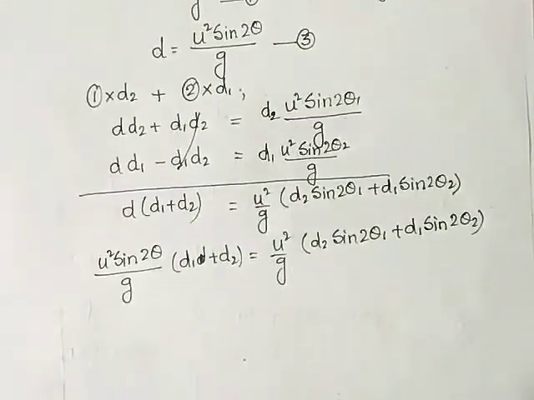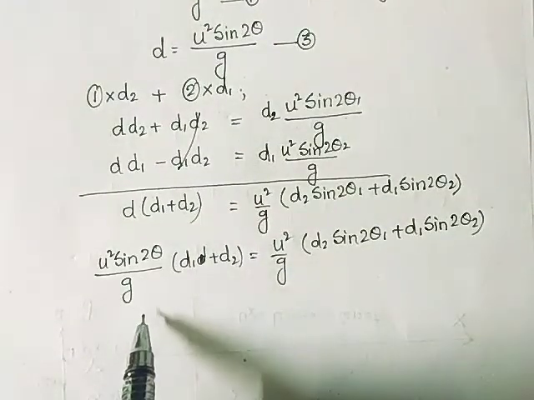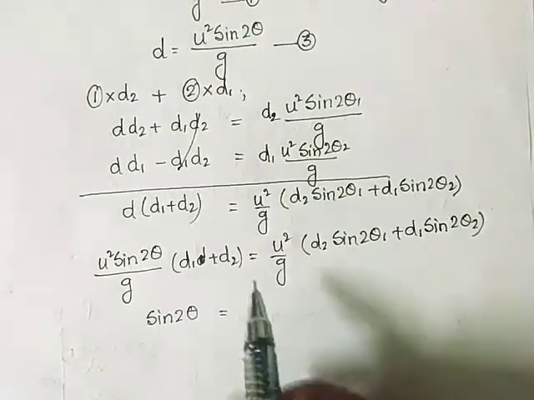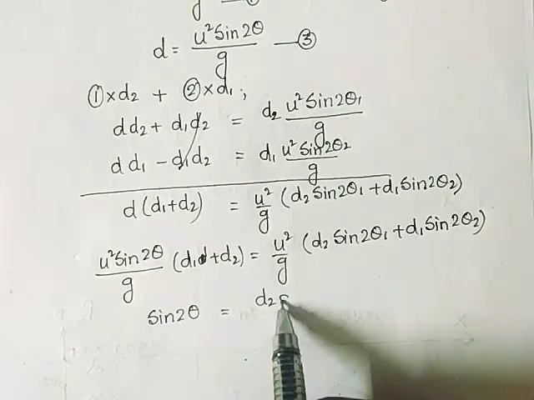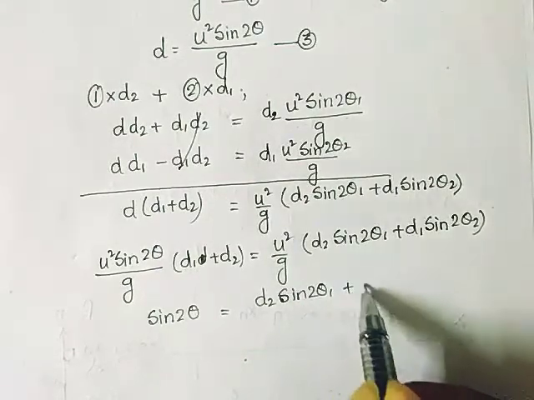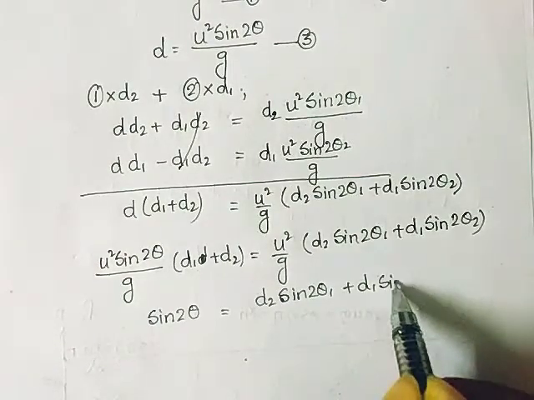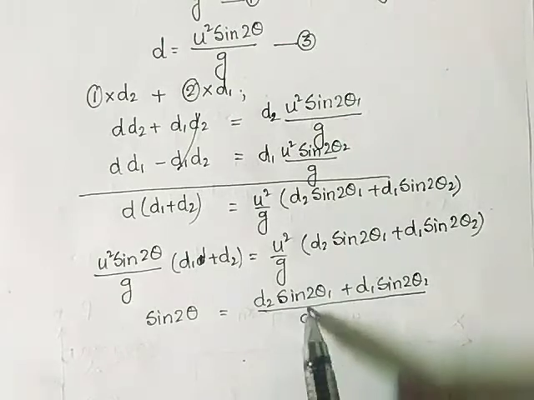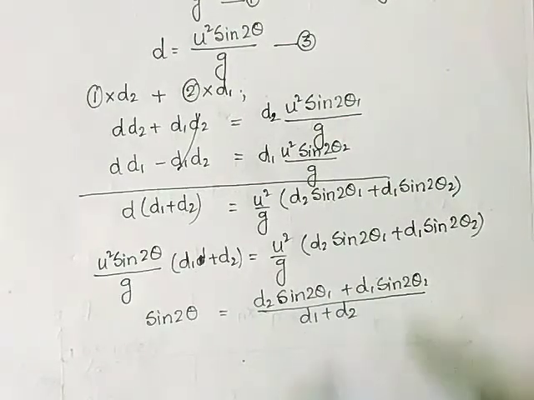So from here, if I want to find the value of sine 2 theta, it will be a very beautiful expression: d2 sine 2 theta 1 plus d1 sine 2 theta 2, divided by d1 plus d2.